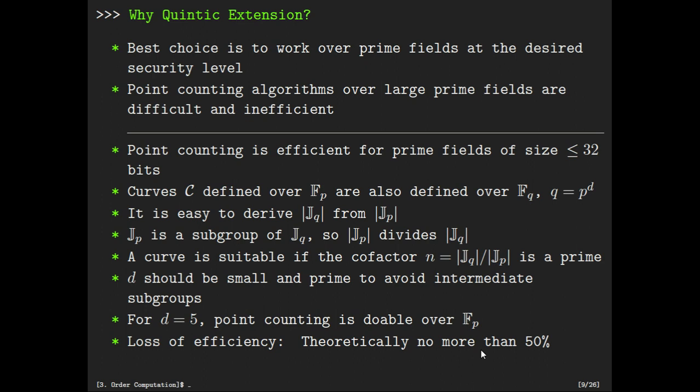Now we say that a curve is suitable if the cofactor n is prime. The choice of D has to be made very carefully. D should be very small and prime to avoid intermediate subgroups and DLP related attacks. For D equal to 5, the point counting algorithm is doable over Fp.